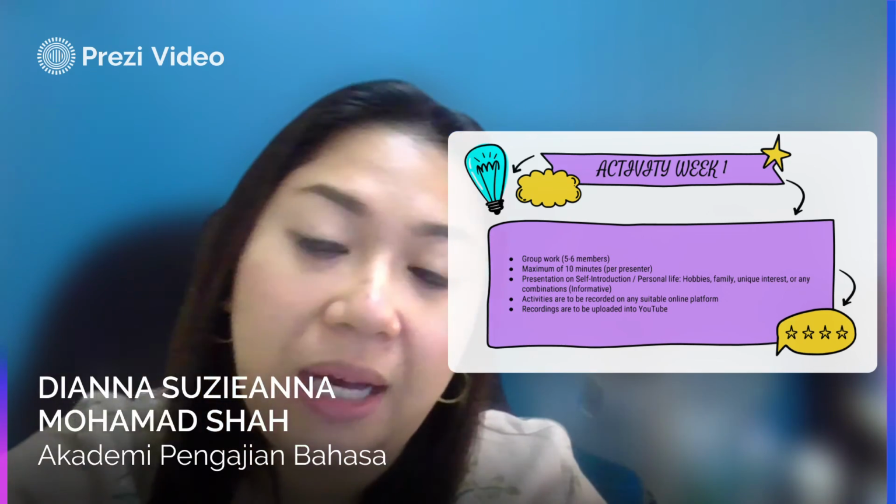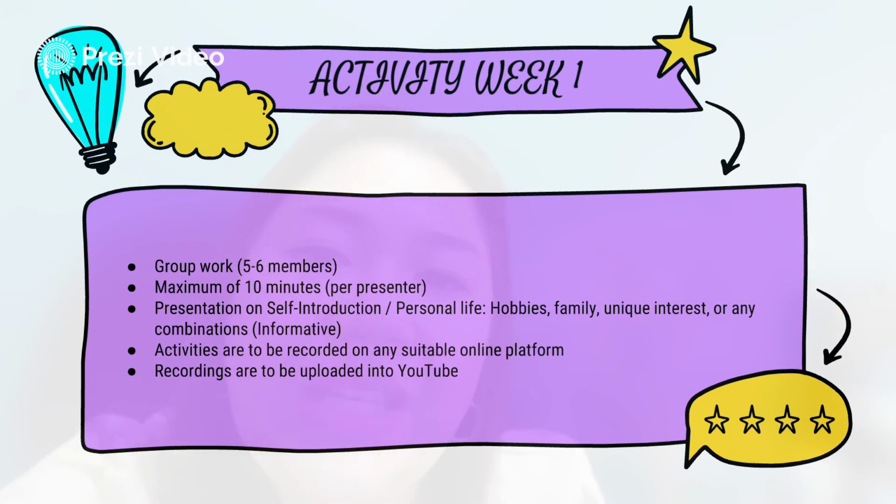For activity week 1, I would like you to divide yourselves into groups of 5 to 6 members. I don't want you to work with other classes. I would like you to work within your class members only, because it will be easier for me to find your name in the attendance list, for example.